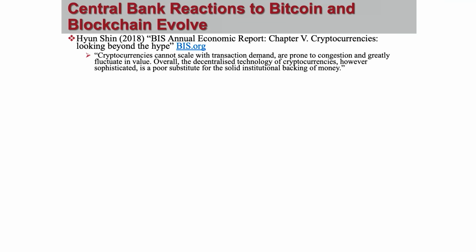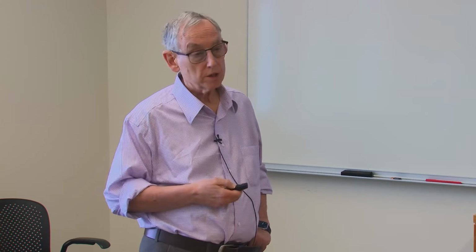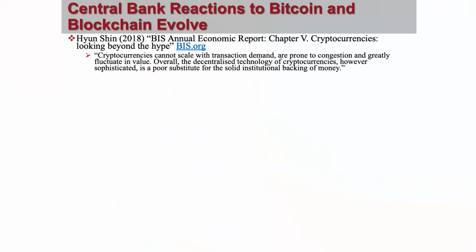Okay. Central banks did not take kindly to the invention of Bitcoin, and I'll just editorialize a bit. You know, later Facebook proposed Meta, and that was like the ultimate threat. So you'll see quotes. This is 2018 from Hyun Shin.